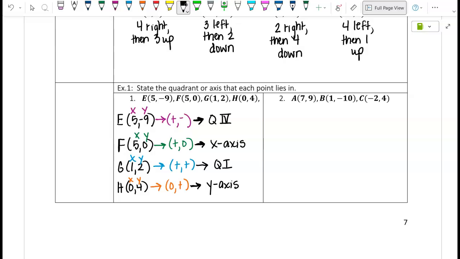All right, number 2, A at 7, 9. Again, 7 is my x, 9 is my y. This is a plus plus pair. So what quadrant is it in? Quadrant 1.